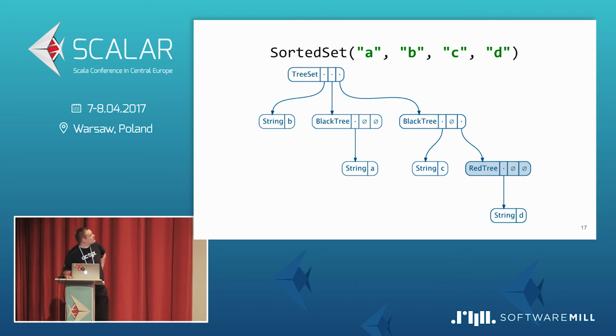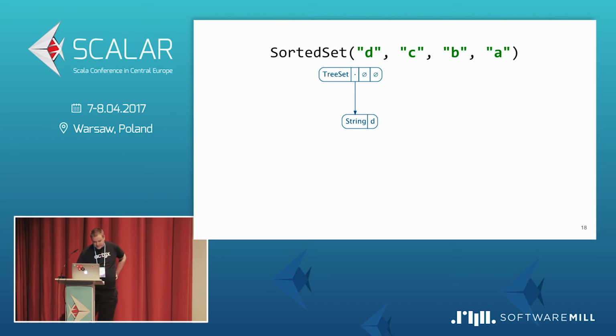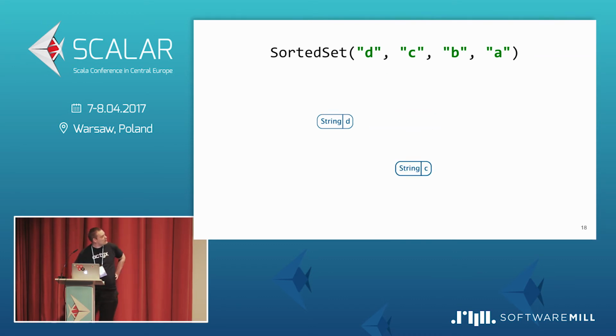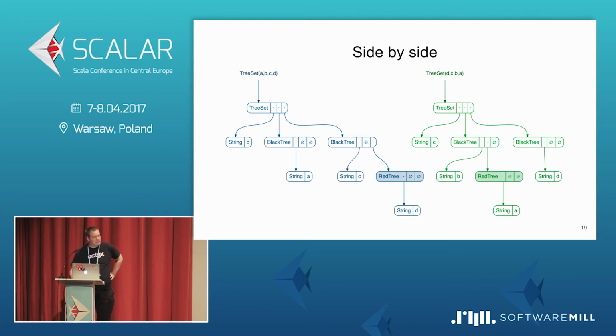So this is the sorted set for A, B, C, D. Now this is, whoops, one too far. This is the sorted set for the same strings but reversed. And as you can see, if you put them side by side, you get a different structure. So a red-black tree remembers, to a certain degree, the history in which you add the elements.